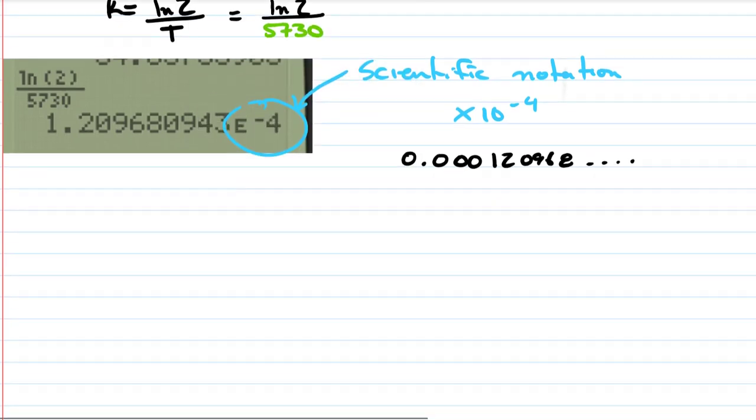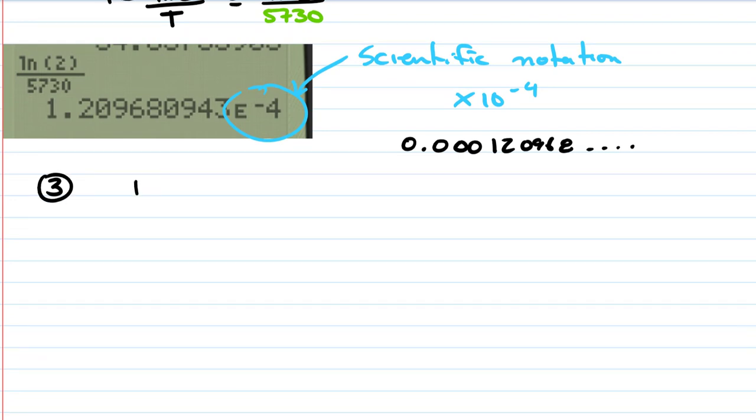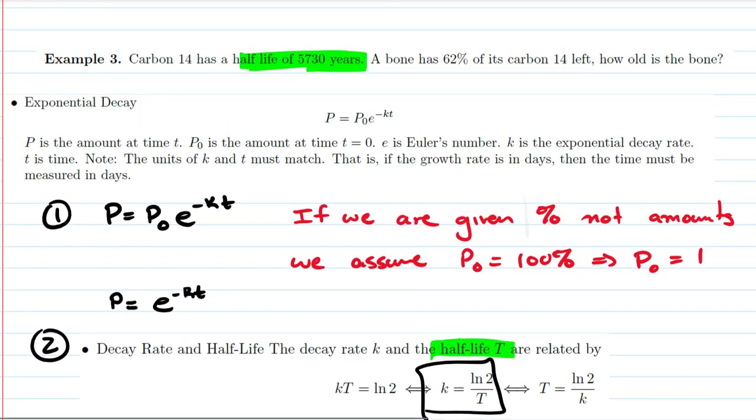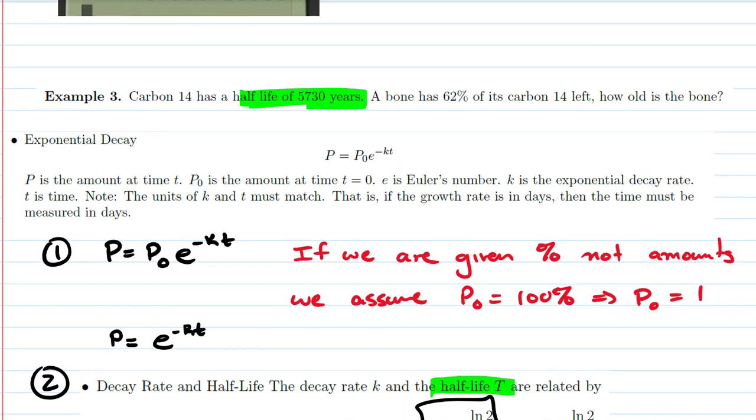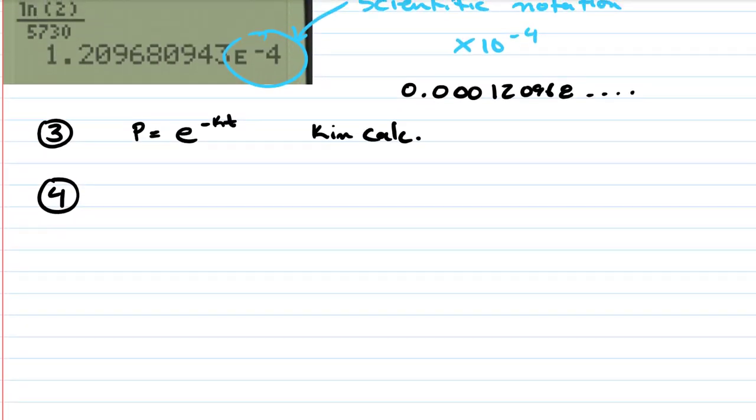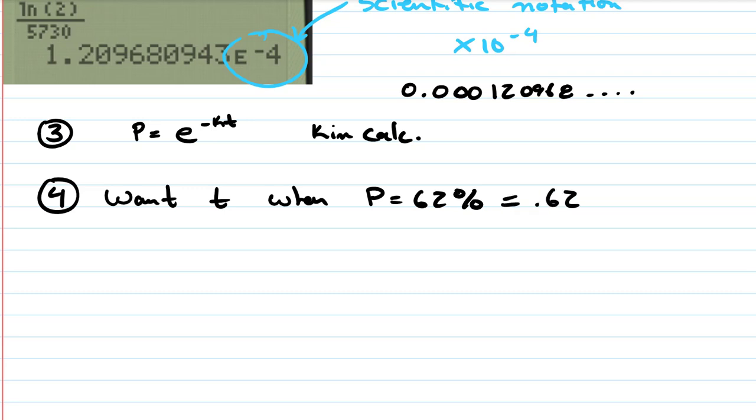Step 3 is we just write down our equation. So we have P equals e to the negative kt, and k is in our calculator. So finally, step 4 is we need to answer the question. The question is, how old is the bone when it has 62% of its carbon-14 left? So we want t when P is equal to 62%. But as always, we can't use percent, so we change our percent into a decimal and we get 0.62.